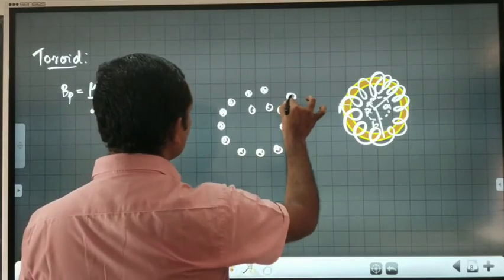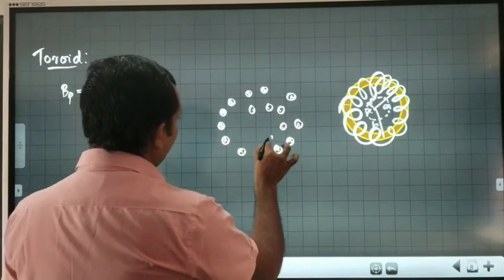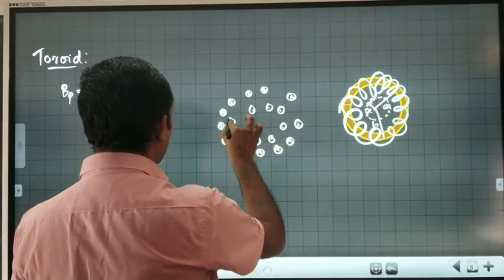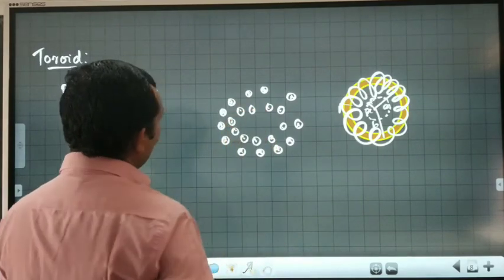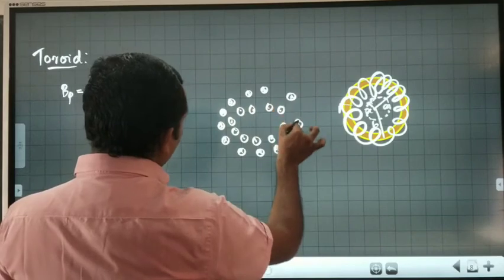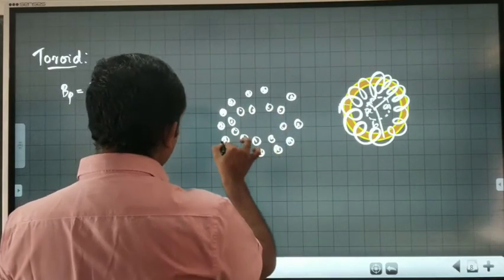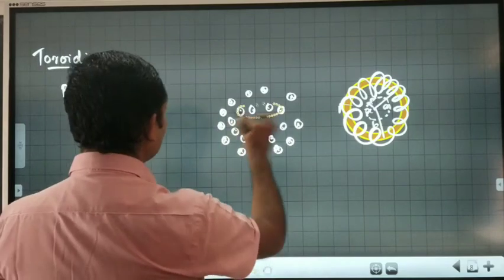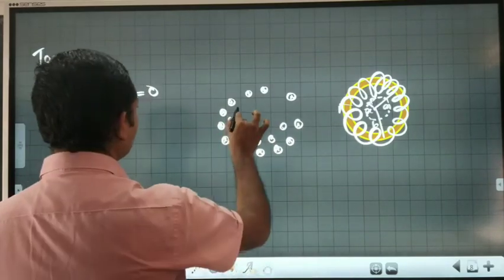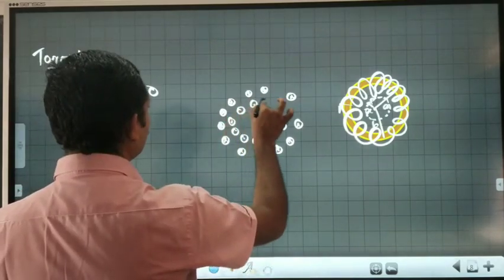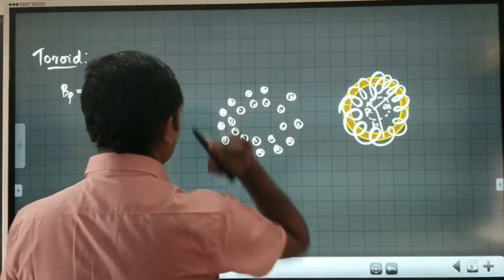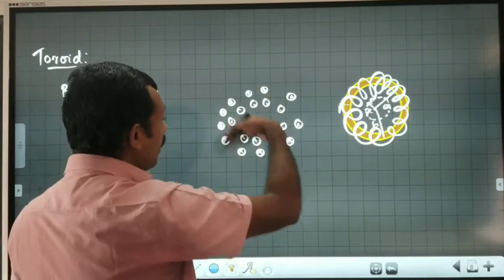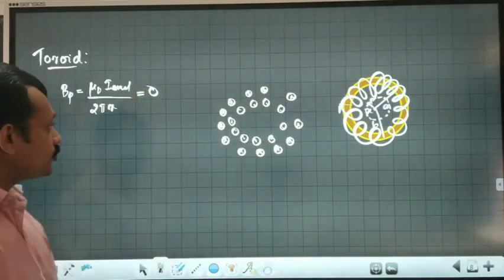However many currents are going in should come out also. How many into marks are there? That many dot marks should also be there.